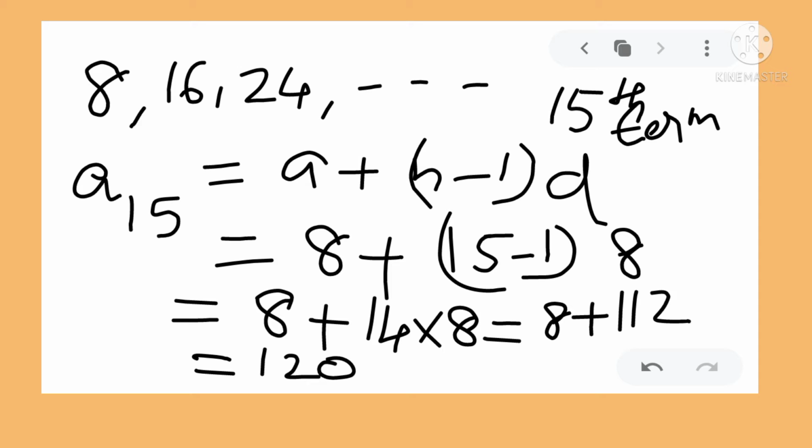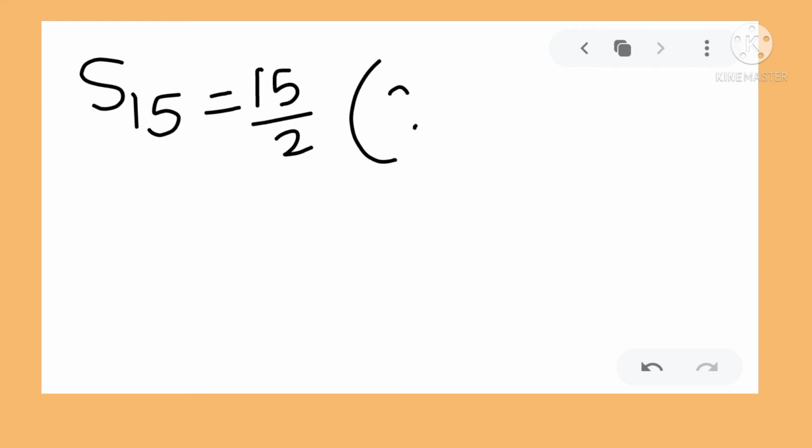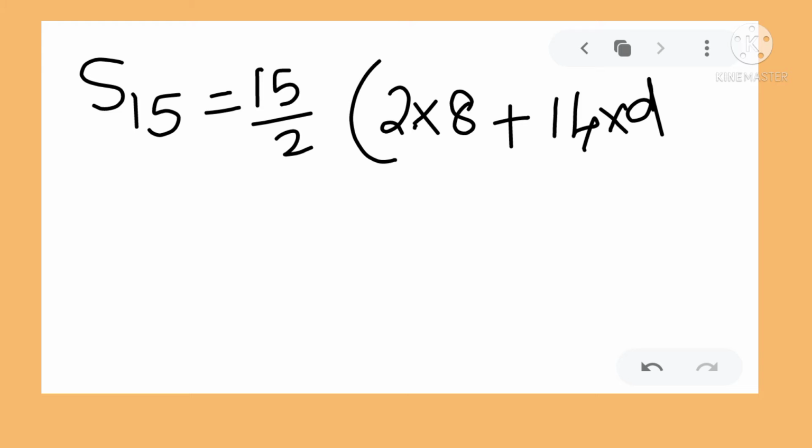But we want to find S15. S15 is equal to 15 by 2 into 2a plus (n minus 1) into d, that is 2 into a is 8 plus 14 into d.